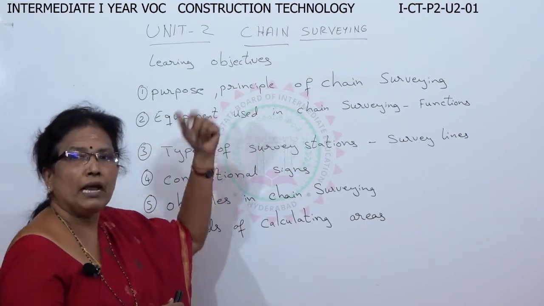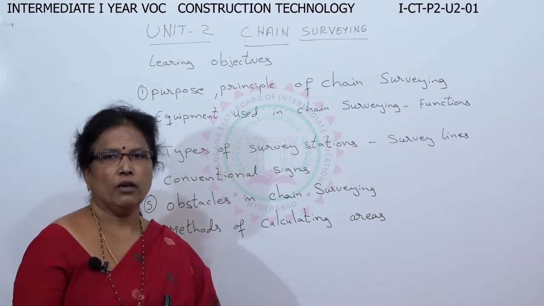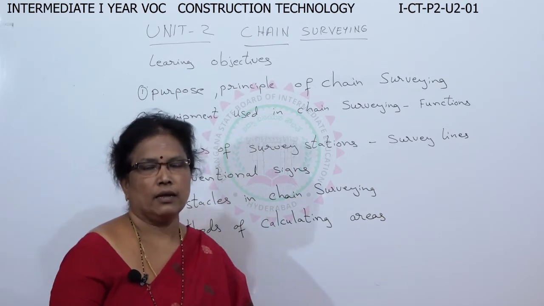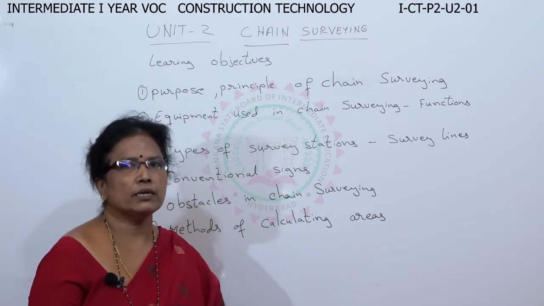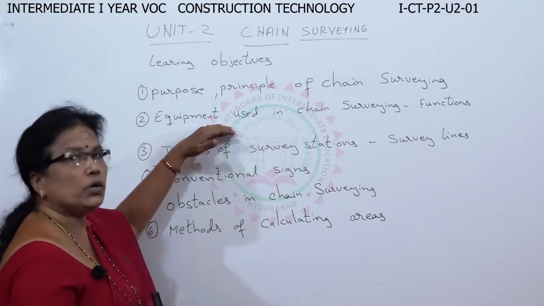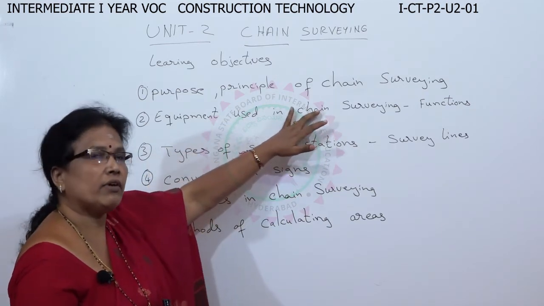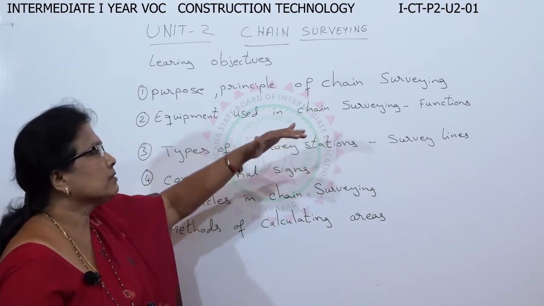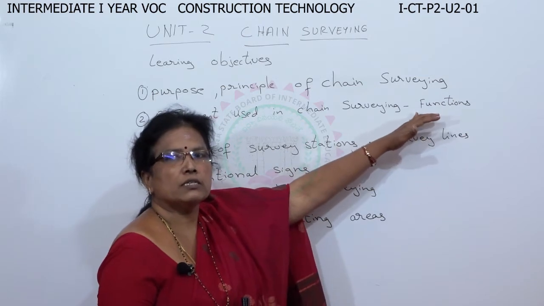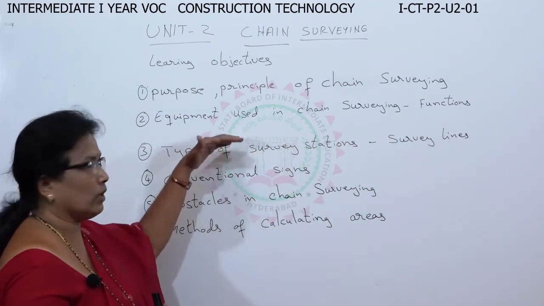And what is the main principle of chain? Then afterwards, not only chain, we use different accessories and equipment along with the chain to measure the distances. So next we are going to learn the different equipment used in chain survey. We'll learn the figures and the functions, means what are the uses of those instruments and how they are used.